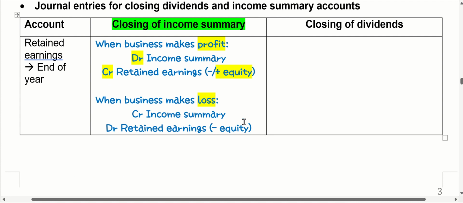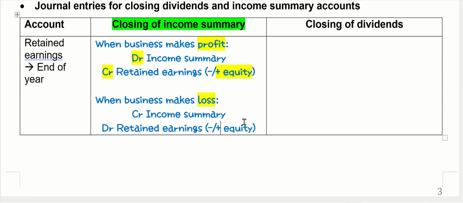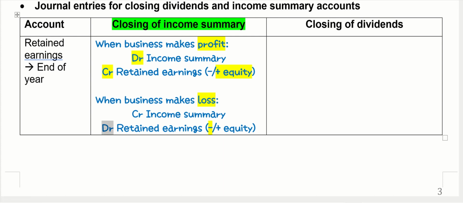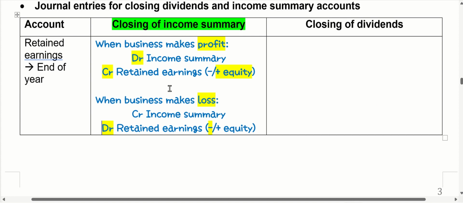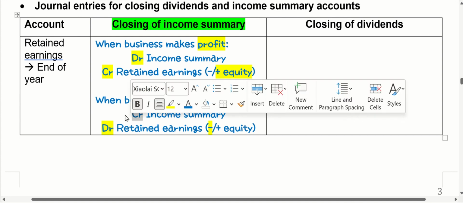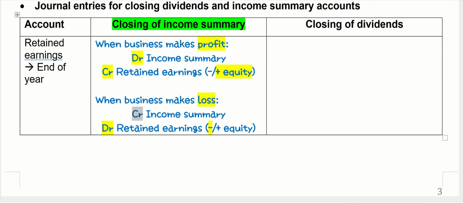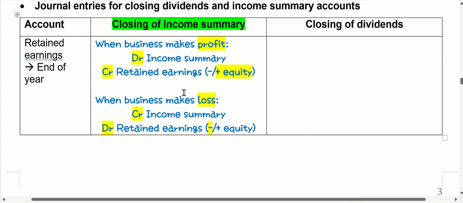The accounting rule for retained earnings is minus plus, so when retained earnings go down and your equity is reduced, you should record it as a debit. And because every debit must have a credit, income summary is a credit. So this is the double entry to record closing of income summary.